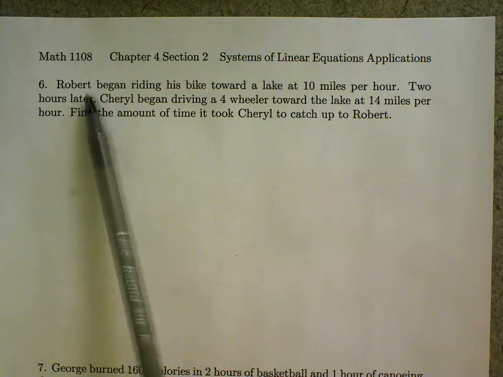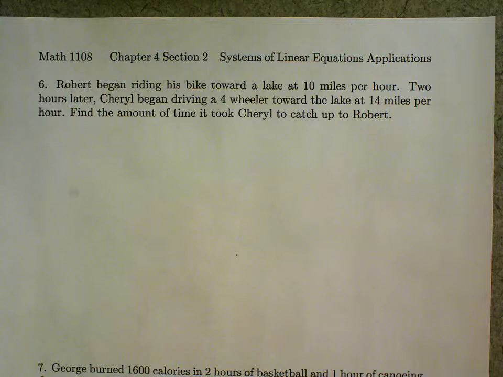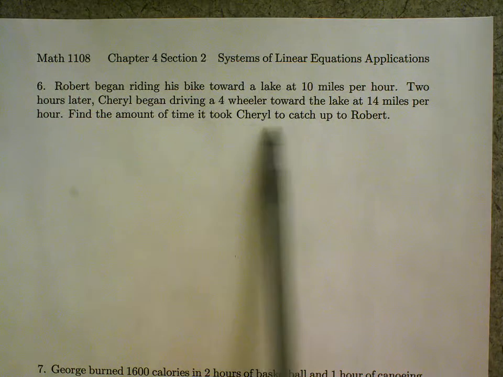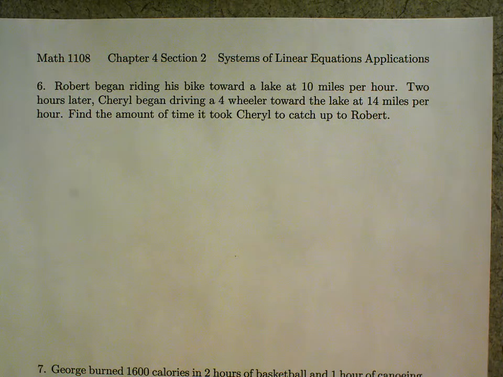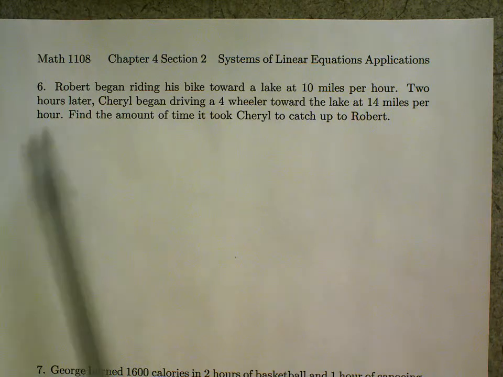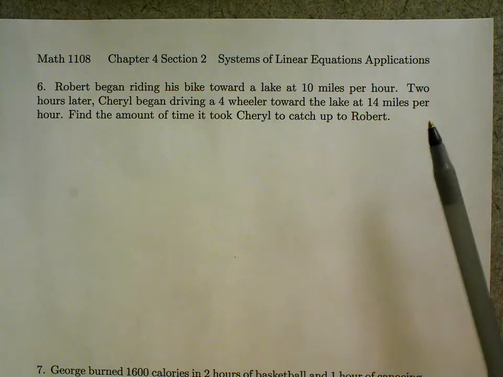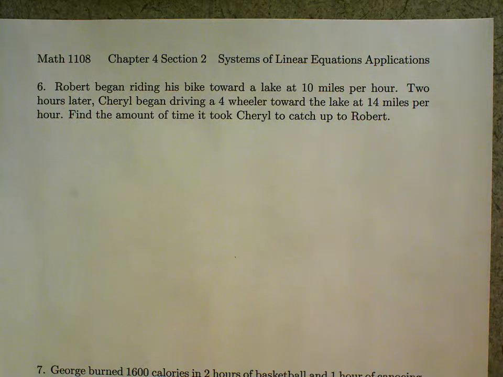The total amount of time it takes Cheryl to catch up to Robert is what we're supposed to find. But we can say a couple of things about time regarding Robert riding his bicycle and Cheryl driving a four-wheeler. Well, we can say one thing about the time. What's that?